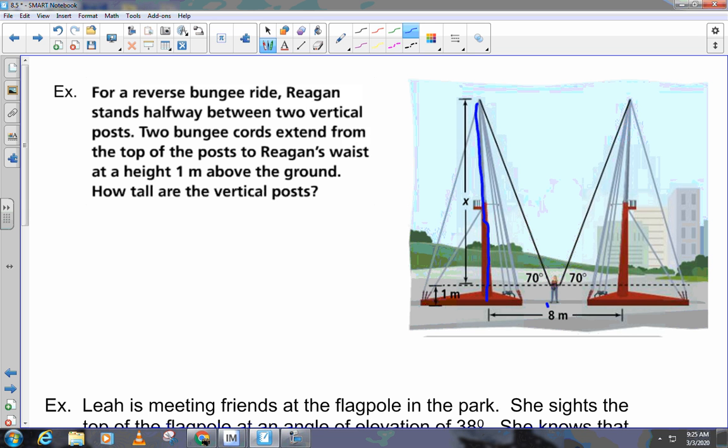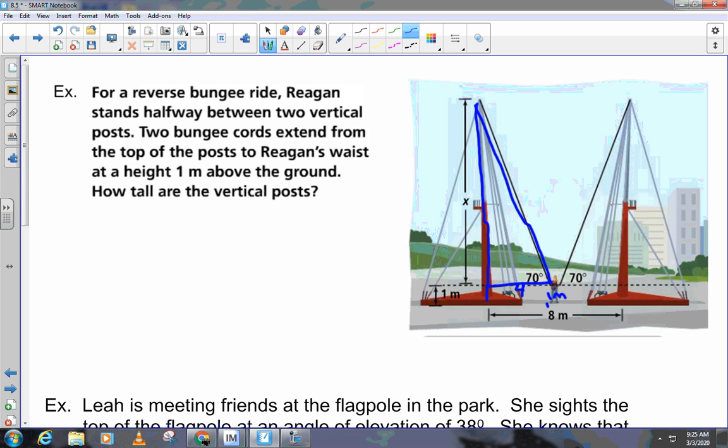Here is Reagan, okay? And these bungees right here are tied to her waist, and her waist is 1 meter above the ground. Now, the distance between the two poles is 8 meters, right? So if we looked at the distance from Reagan to one of the poles, what would that length be? 4.